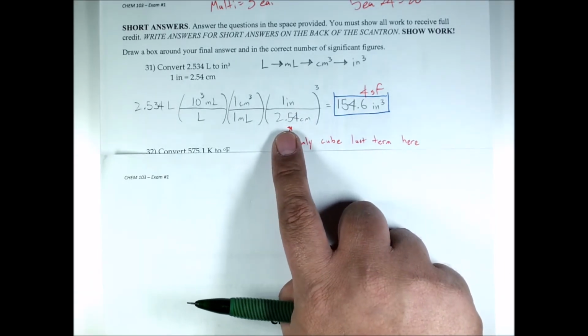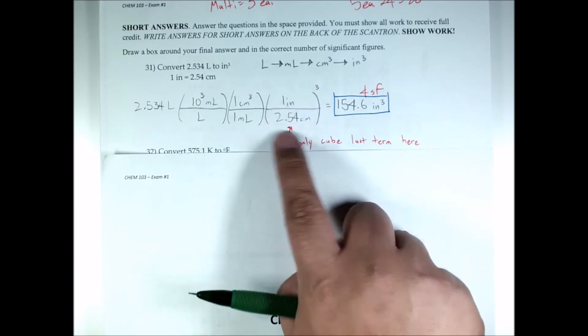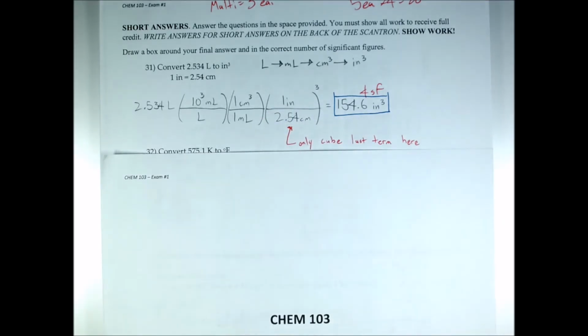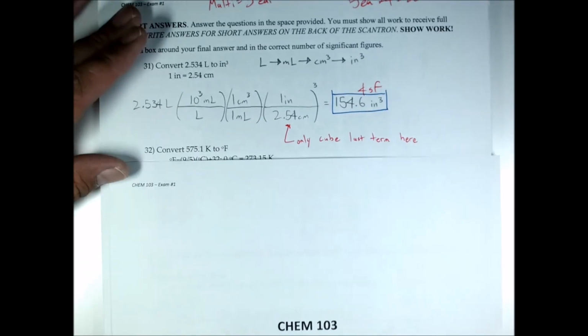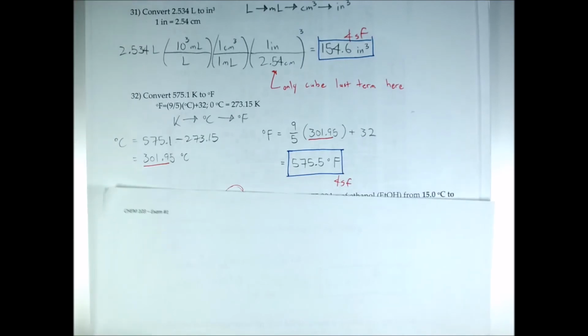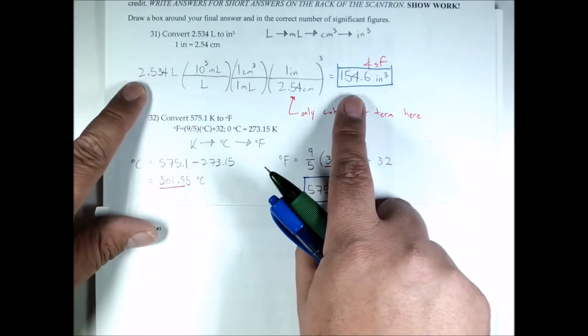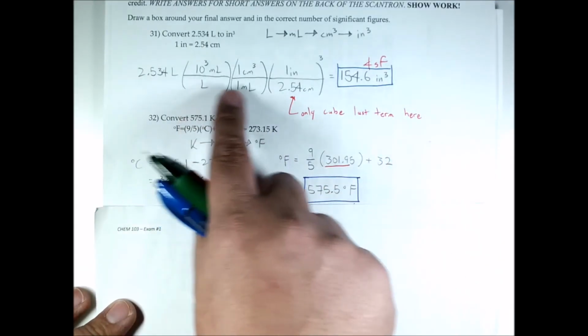This should be about 16 or something. If you leave this number as is, I do believe you got about 9 something, which most people got as an incorrect answer. So you have to cube the number as well, not just the units. And then watch your sig figs. We start out with 4, we end with 4. These are all exact numbers.